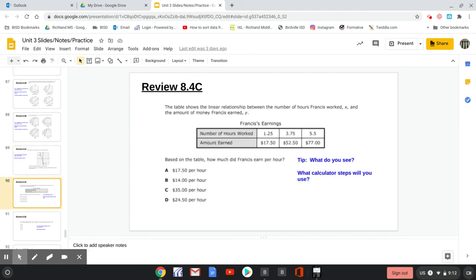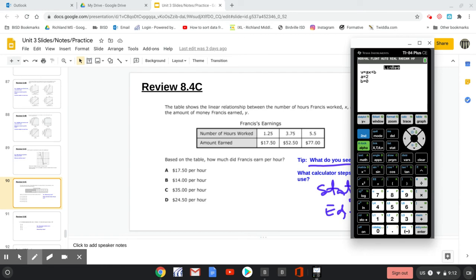Here's another one. They show us a table. What do you see? I see a table, and we're going to use stat edit. So let's pull the calculator up, and we're going to hit stat, enter. We're going to put in our x values of 1.25, enter.